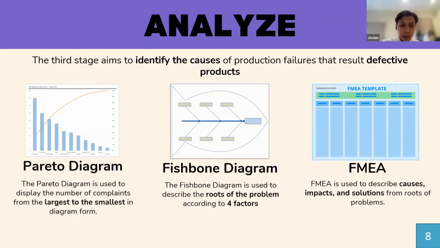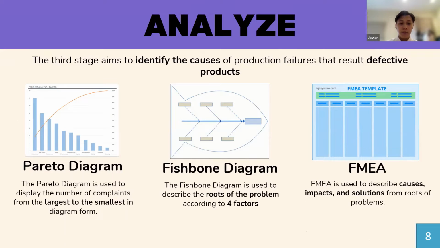And then the third stage is analyze. Analyze can be used for identifying the causes of production failure that produce defective products. There are 3 tools that are used in this stage. The first one is the Pareto diagram, which is used to show the number of complaints in diagram form.